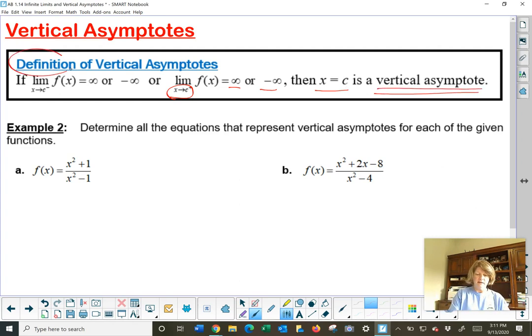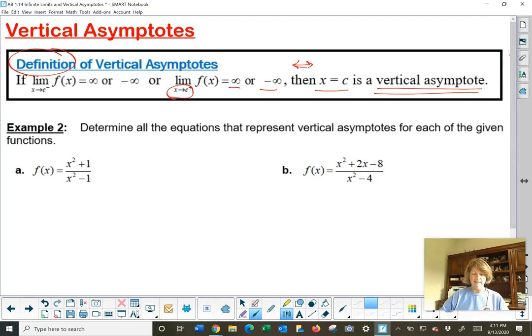And since it is a definition, we know we can read this as an if and only if. It's a two-way street. If we have a vertical asymptote, we can expect our limits to be going to infinity or negative infinity.